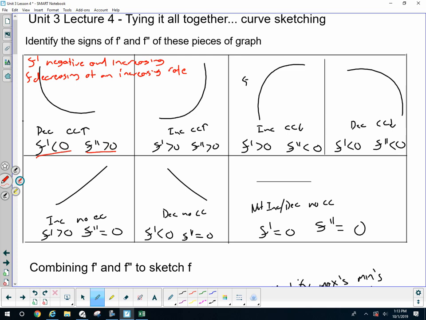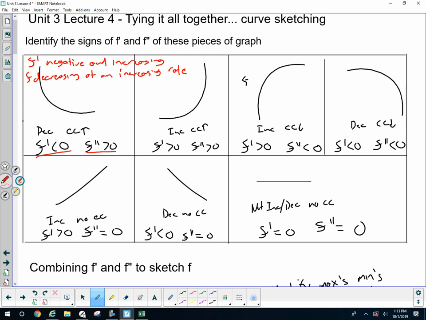F is decreasing. What is the rate at which it's decreasing? Well, decreasing is talking about the first derivative. The rate at which it's decreasing is talking about the second derivative. If it's decreasing at an increasing rate, that means the negative f primes are turning less negative, going to zero, going to positives.